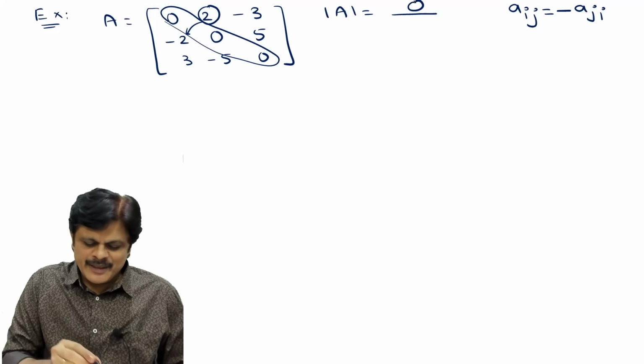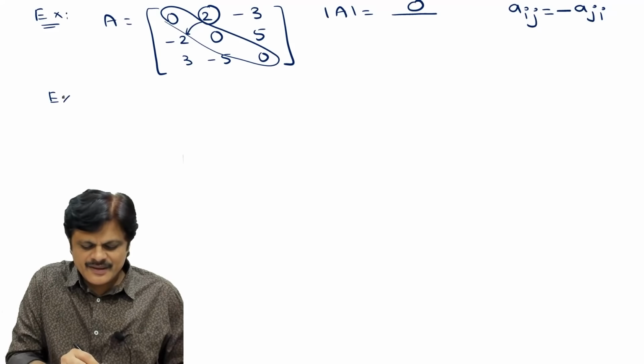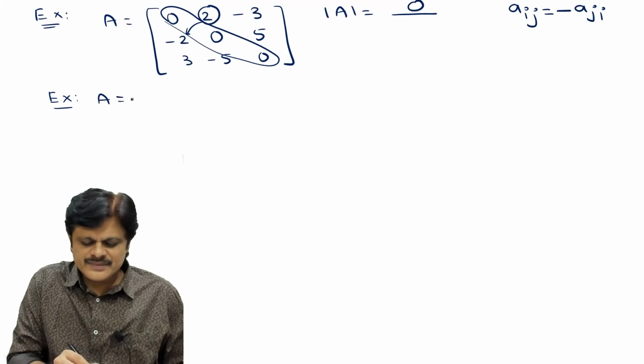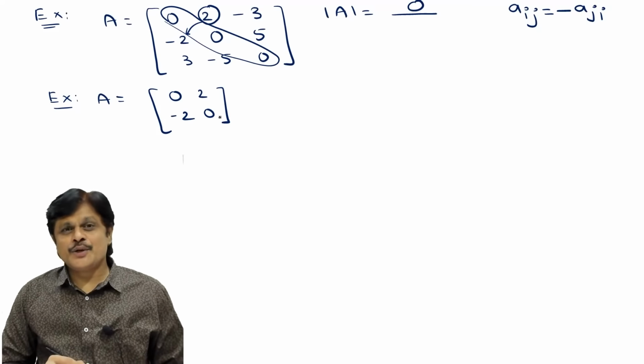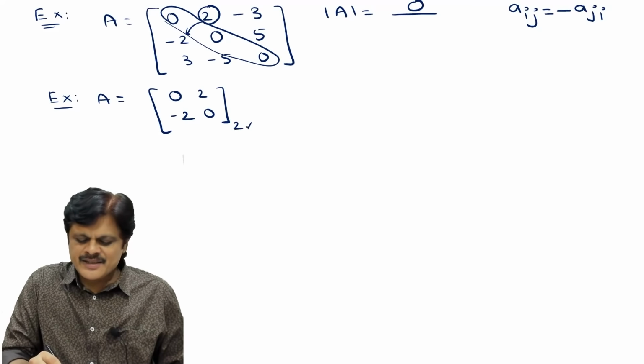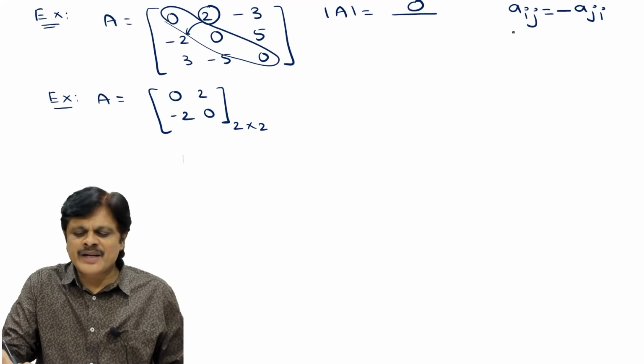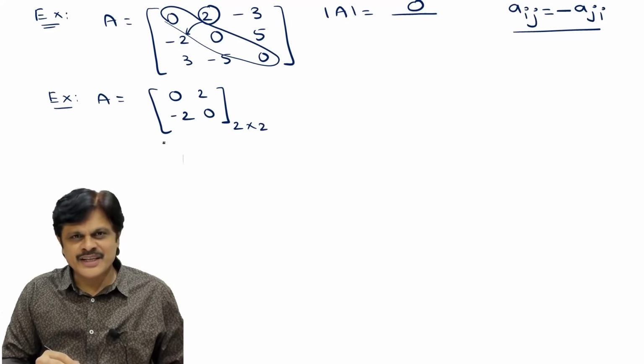Okay, let me tell you why. Consider this 2 by 2 skew symmetric matrix. It is also a skew symmetric matrix, the same condition is satisfied here.